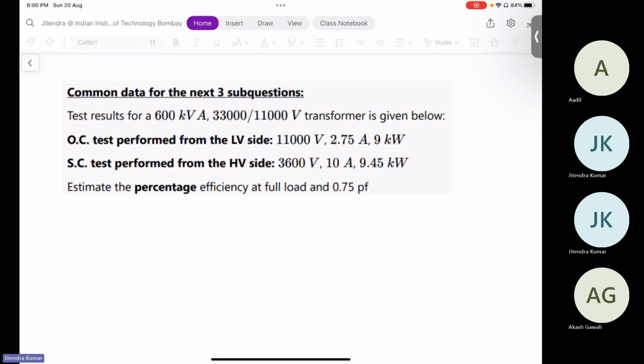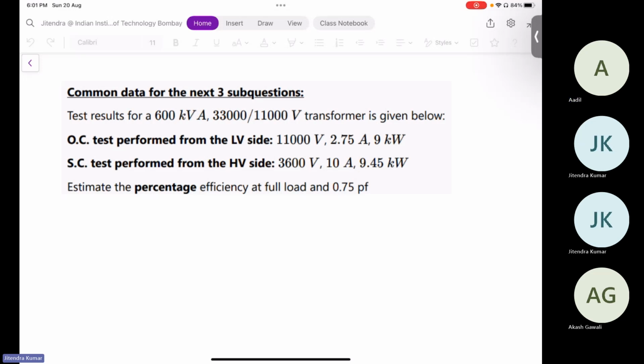Sir, we are now going into week 4. Week four is about auto transformer, right? So let me finish this last problem of week three, and we will enter into auto transformer. Is that okay?